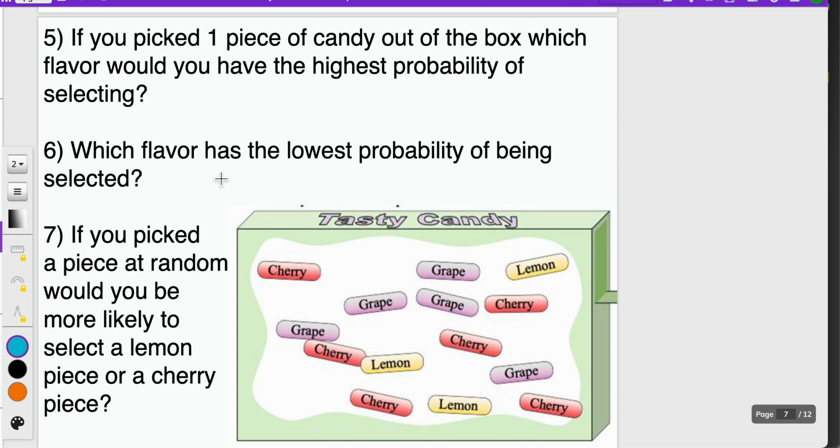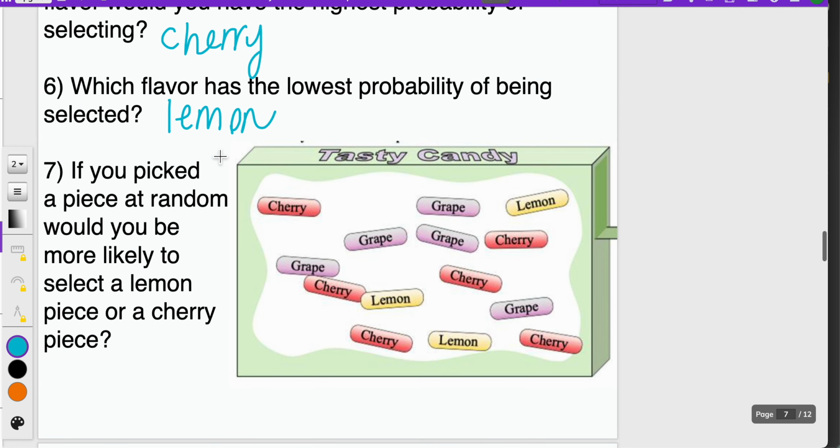Well, from our answers here, we would probably be able to choose cherry the most since there's the most, whereas the lowest probability would be lemon because they're the least amount of types of candy. If you picked a piece at random, would you be more likely to select a lemon piece or a cherry piece? And this one would definitely be cherry since there are more cherries.